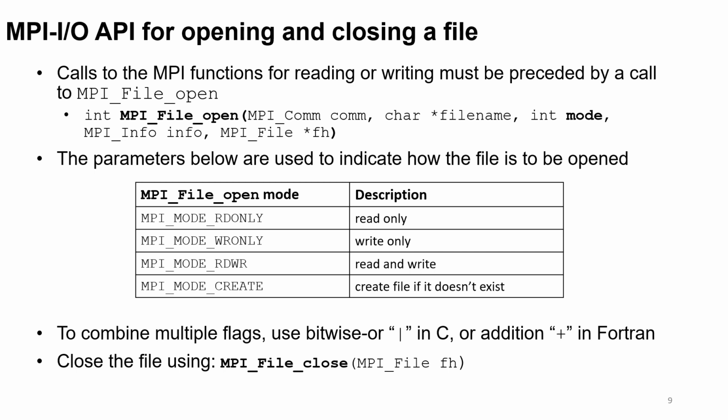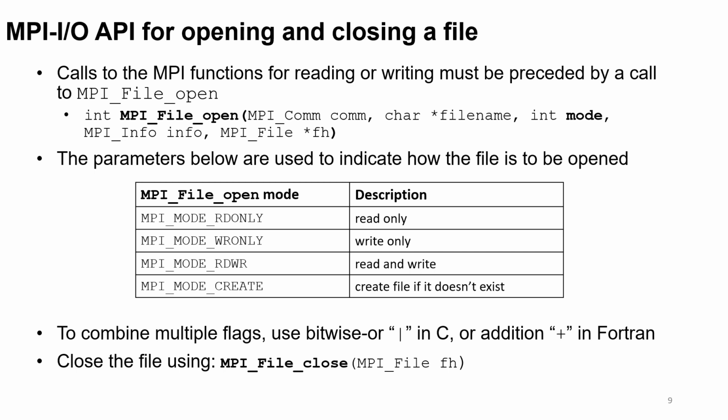And we can also use the option MPI_MODE_CREATE. This option will create a file if it does not already exist. Please note that we can combine multiple options as flags for the file mode using the bitwise OR operator in C or addition in Fortran.